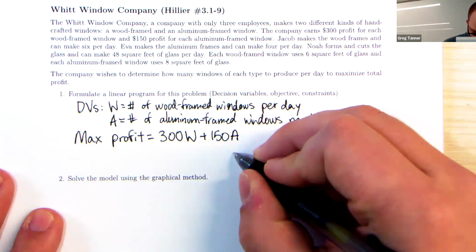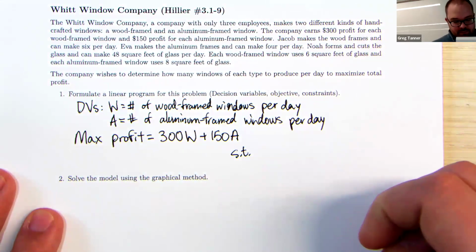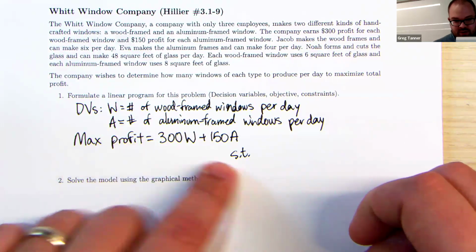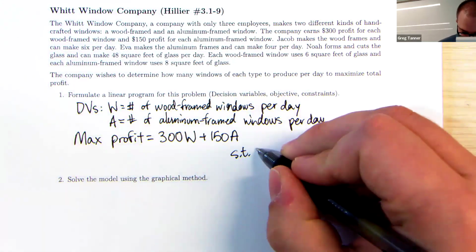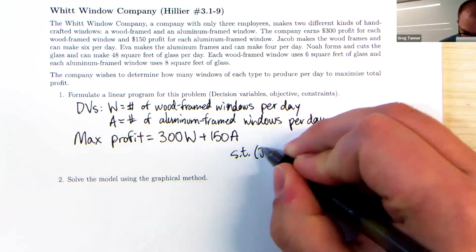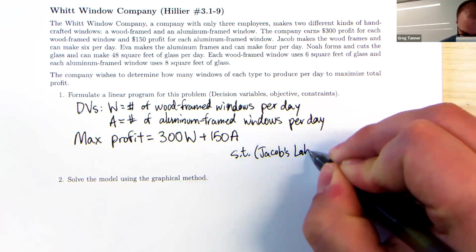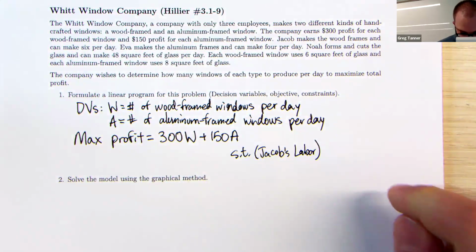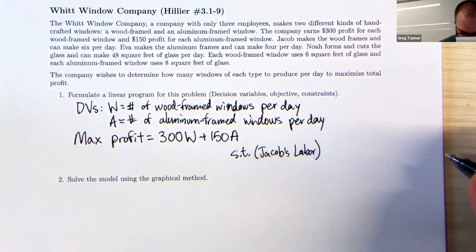So I'll write ST, it's abbreviation for subject to, that we want to maximize this, subject to some constraints. And so for the first constraint, we've got a limit on Jacob's labor. And Jacob is the person that makes the wood framed windows, and he can make 6 per day doing the framing.